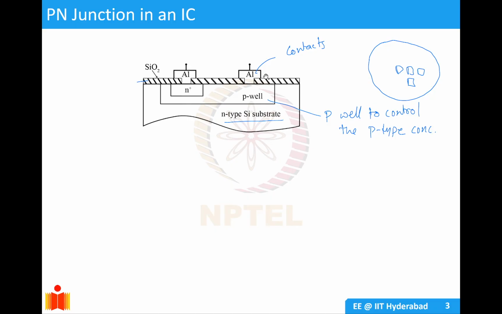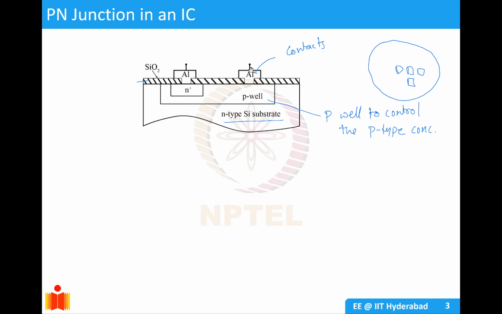In an IC, a PN junction looks like this. You have an n-type wafer. First you make a p well in it, which houses your device. Then in that p well, you make an n plus doping area. So this becomes your PN junction, and then you make contacts on this n-type area and this p-type area.